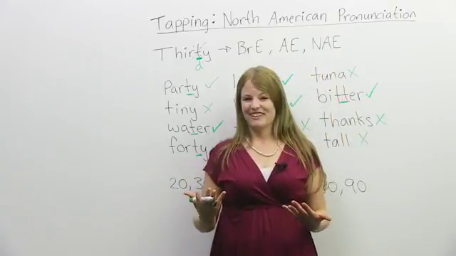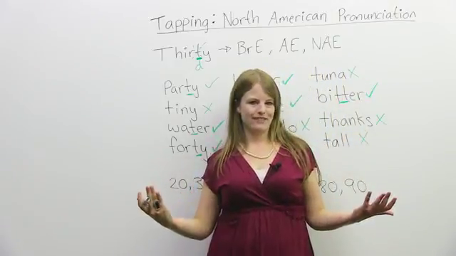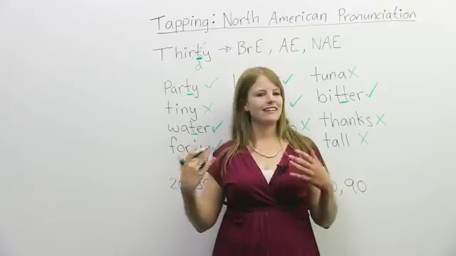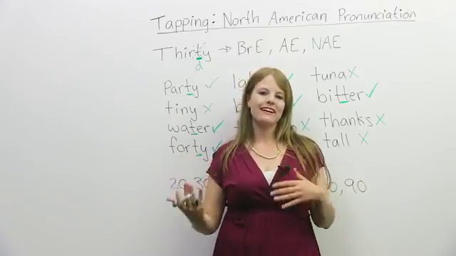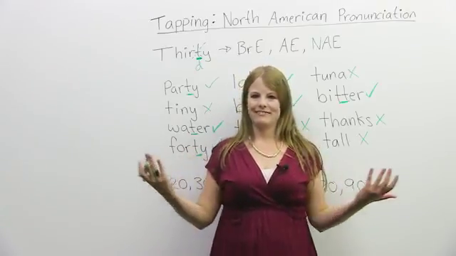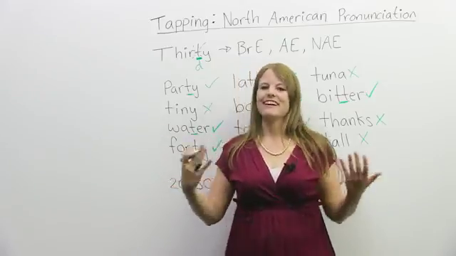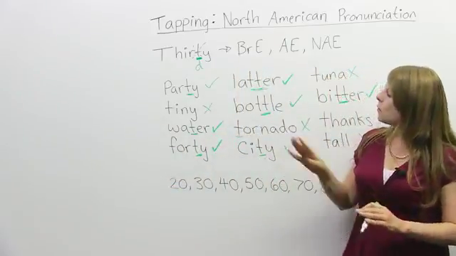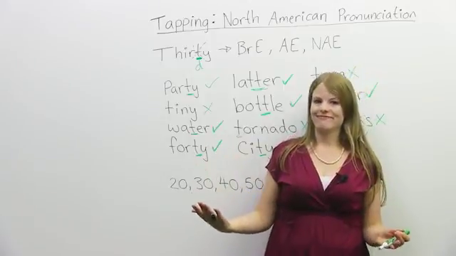But we don't do it all the time. When do we say T's like T's and when do we say T's like D's? That might get a bit confusing, but I hope you're following. Well, it depends on stress.